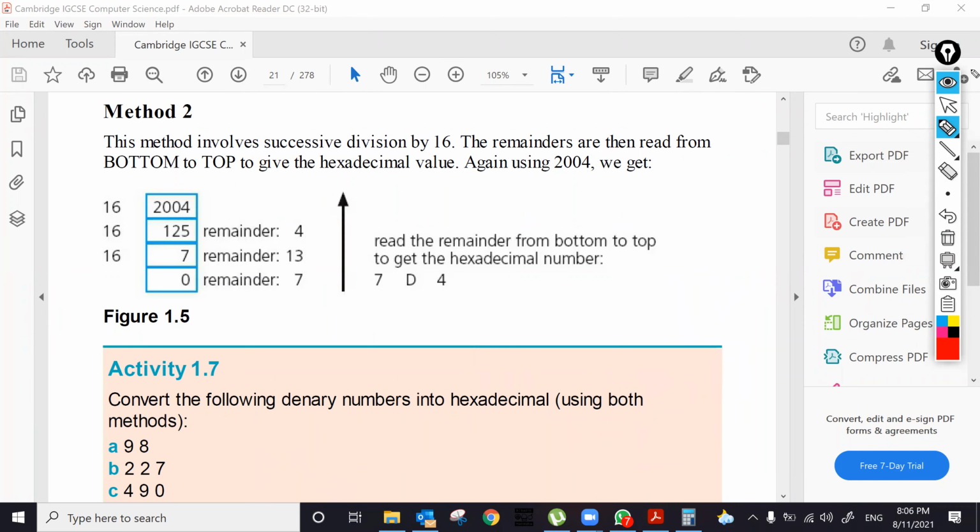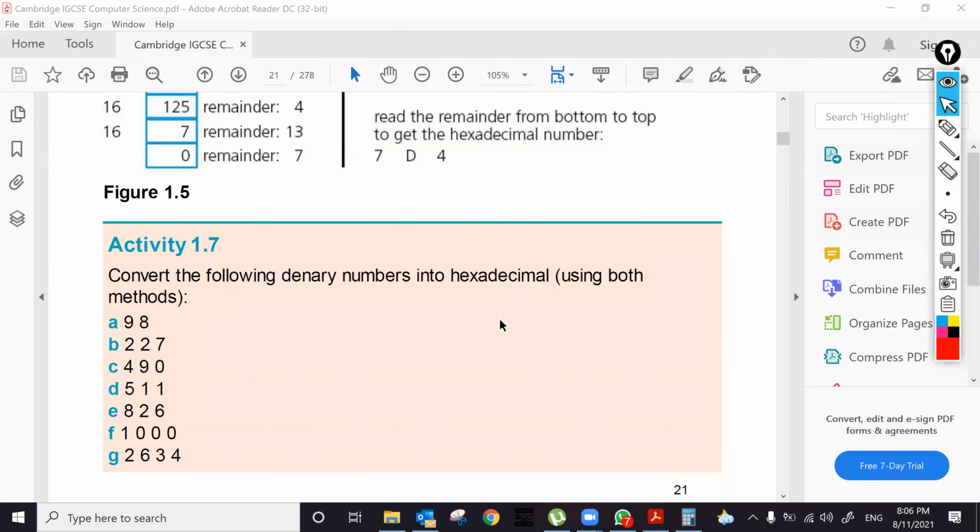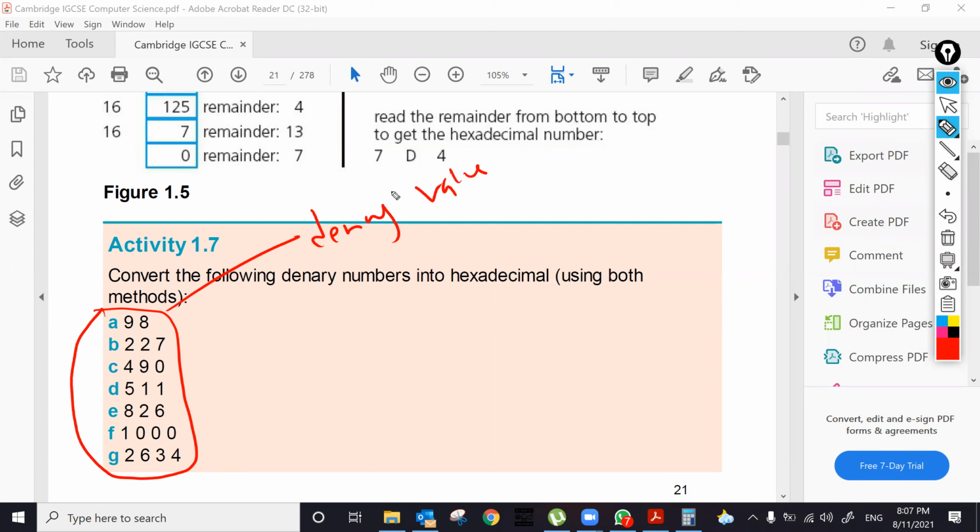Now remember, what these values are? These values are denary values. Okay, right. I am asking not that.